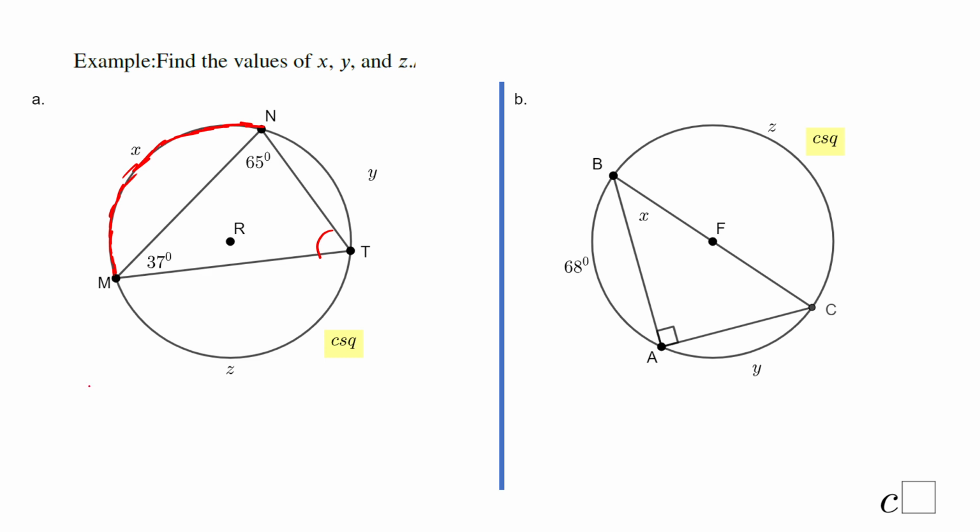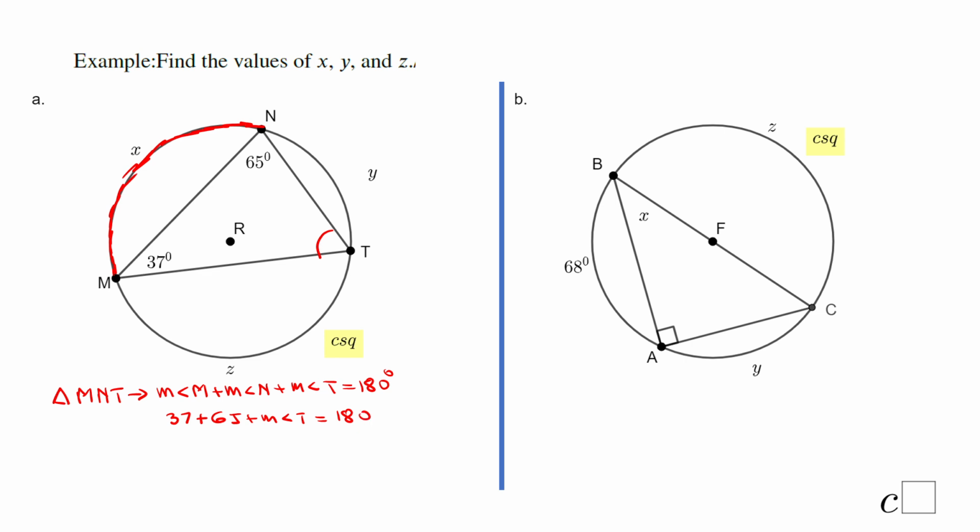And if you take a look, we have that triangle MNT. Okay, and in that triangle, what can we say? We can say the measure of angle M plus the measure of angle N plus the measure of angle T, the one I want to find out, is 180 because it's a triangle. So we have 37 plus 65 plus the measure of angle T equals 180.